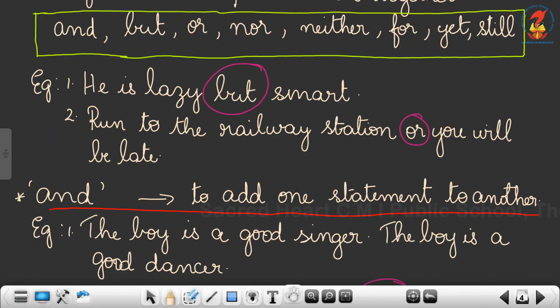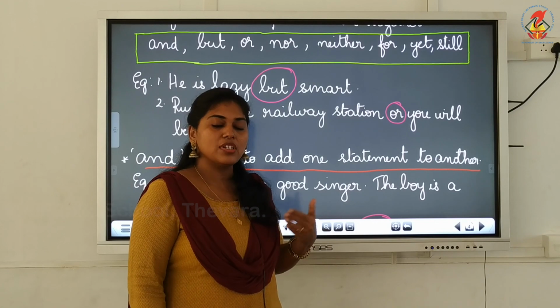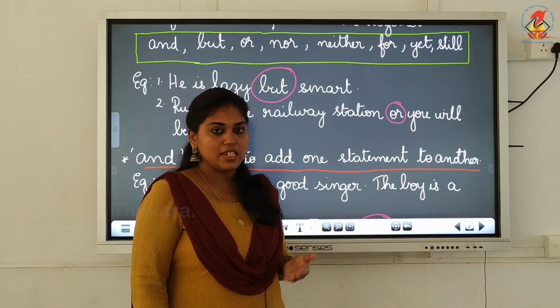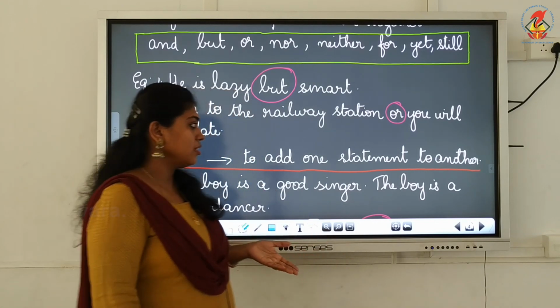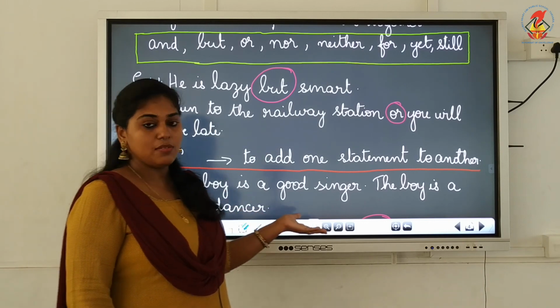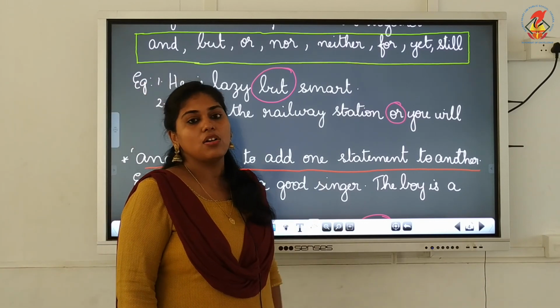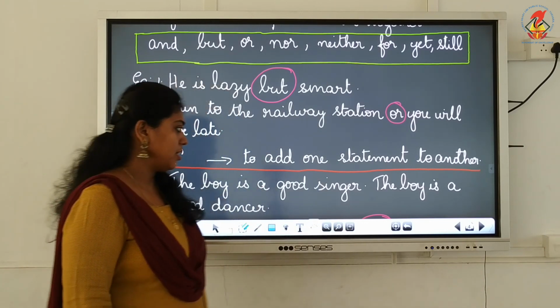We use and in order to add one statement to another. That is, in order to combine two simple sentences, we use and. So if we want to give additional detail, to add one statement to another, we use coordinating conjunction.